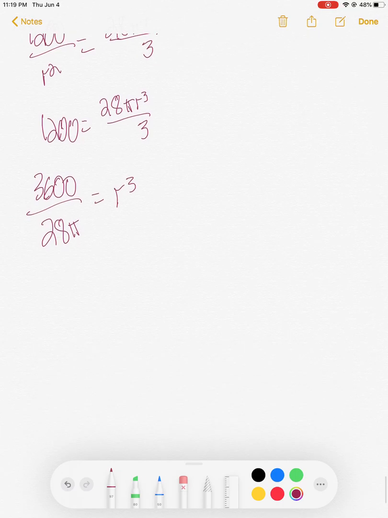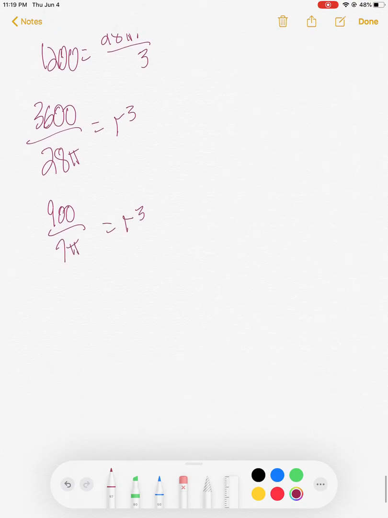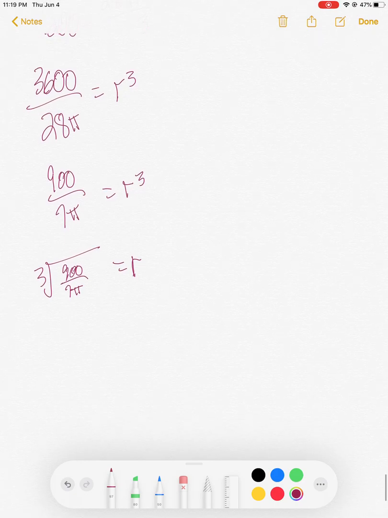Oh boy, now I'm going to multiply both sides by 3 over 28 pi. I get 3600 over 28 pi, my favorite number of all, equals r cubed. Wow. I can divide both of these by 4, and I get 900 over 7 pi equals r cubed.